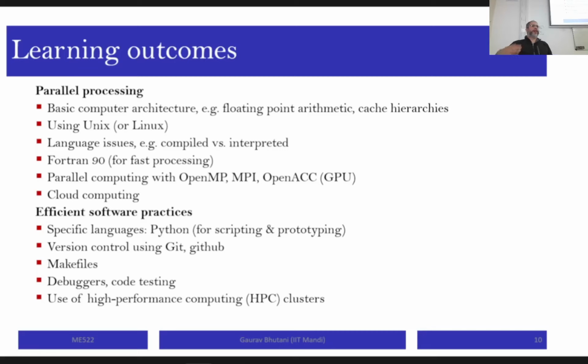So there is something called a test harness that is maintained, so that every time a change is made, a build bot will run all the tests and make sure they pass. We learn about these ideas of developing tests in programming and how to automate running tests and so on. And as I said, we'll also talk about high performance computing clusters.